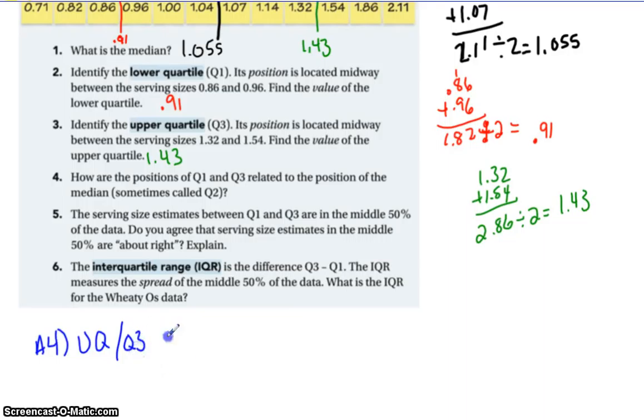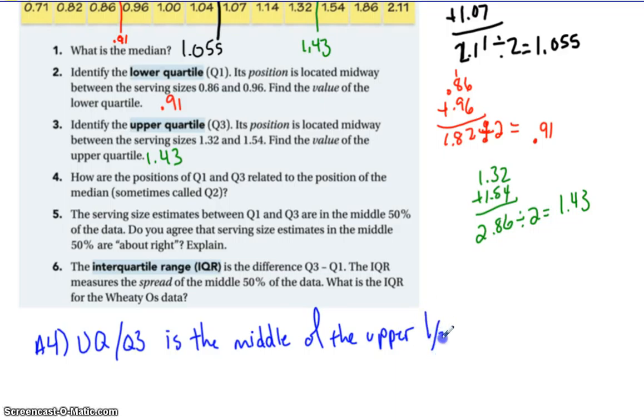is the median, or the middle of the upper half of data.